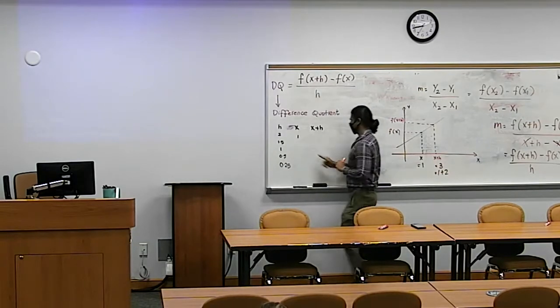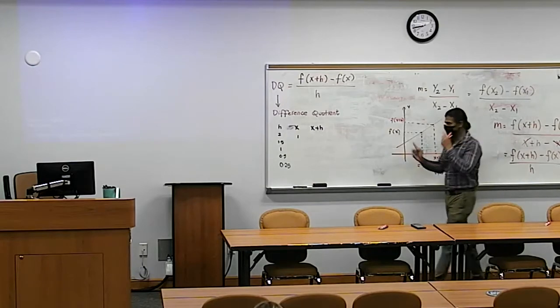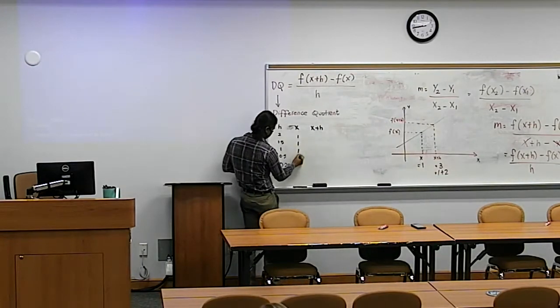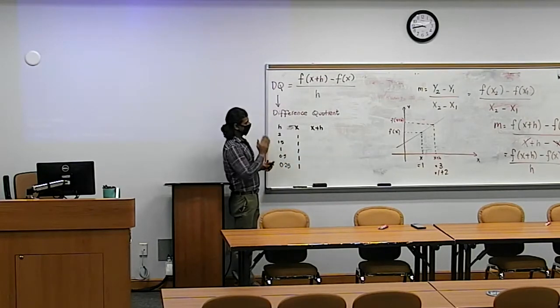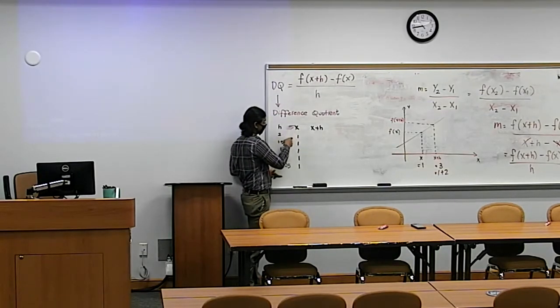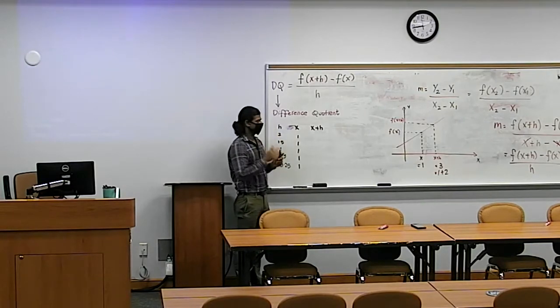so x is just 1, yes? So I'm going to keep x as is, so 1, 1, 1, 1, and 1. Now, what would happen to x plus h? So when x is 1 and h is 2, what is x plus h? 3.